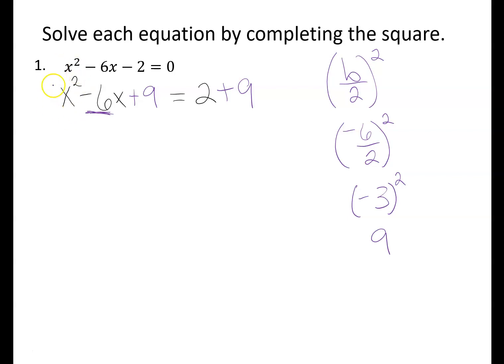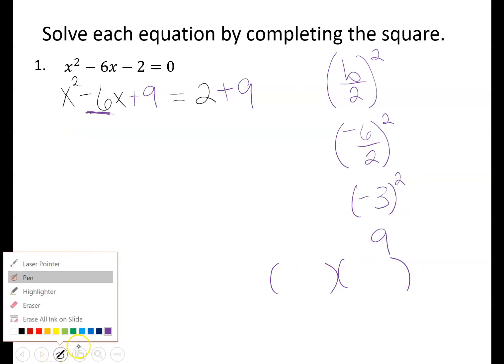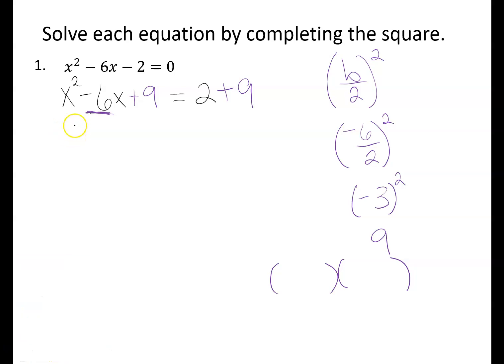It's when the first term's a perfect square and the last term's a perfect square and the last sign is plus. And it will factor into the same binomial twice. So rather than writing it out twice, we're going to go straight to writing it as a binomial squared.